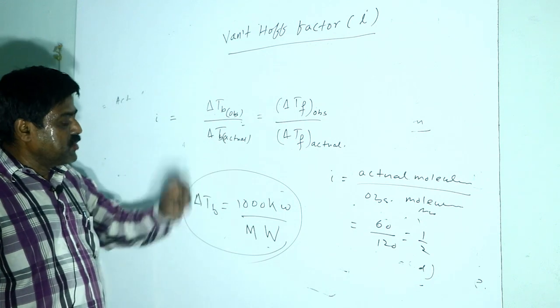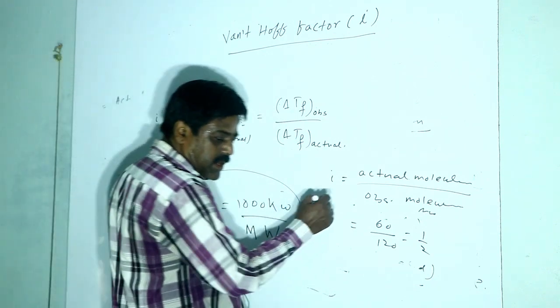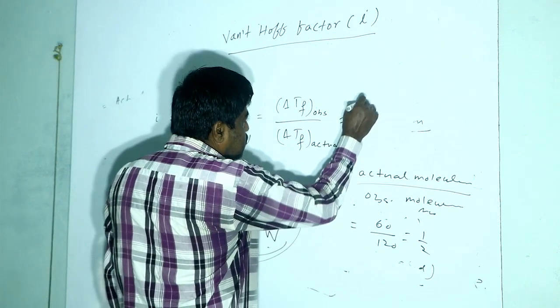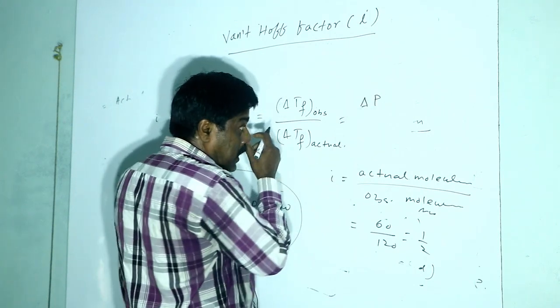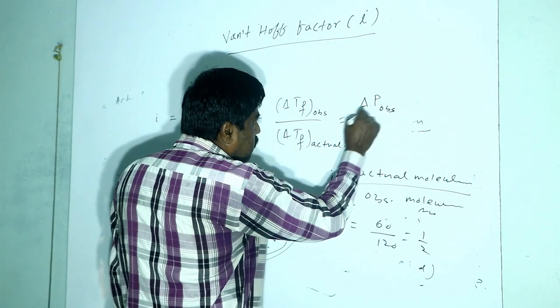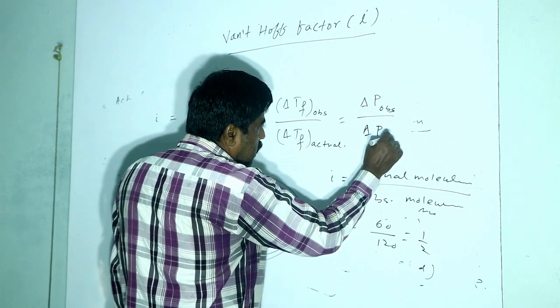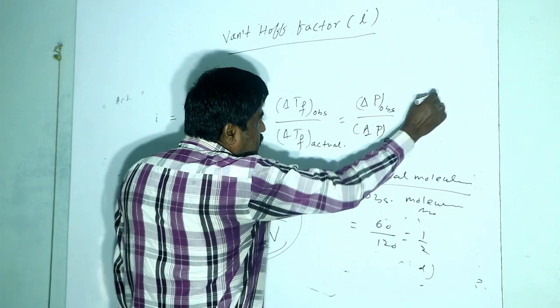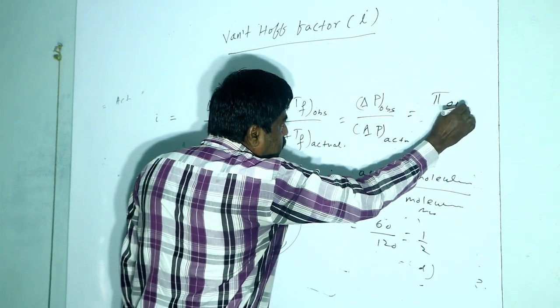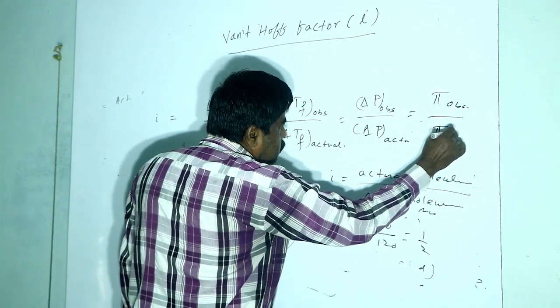Here also we can represent it the same way: elevation in boiling point del Tb, and lowering of vapor pressure del P observed and del P actual. Again here, osmotic pressure observed divided by actual.